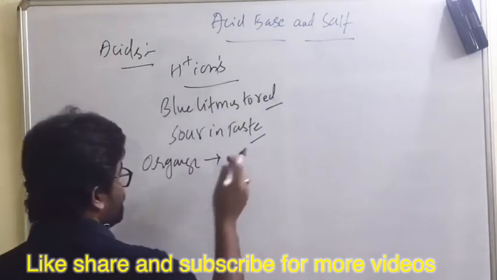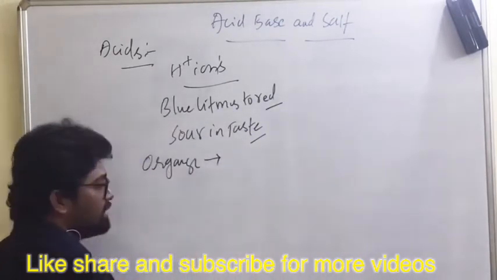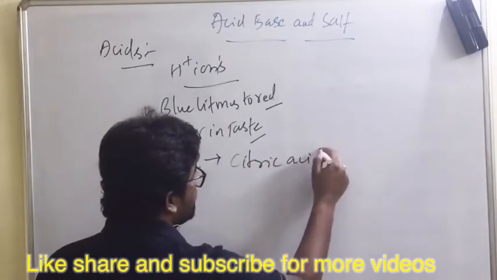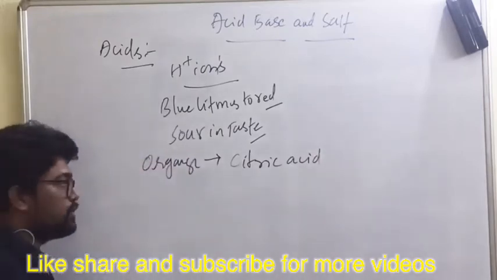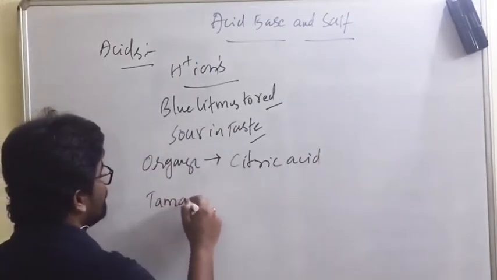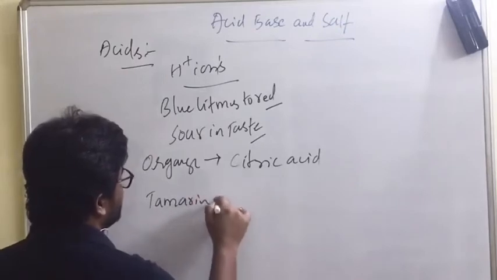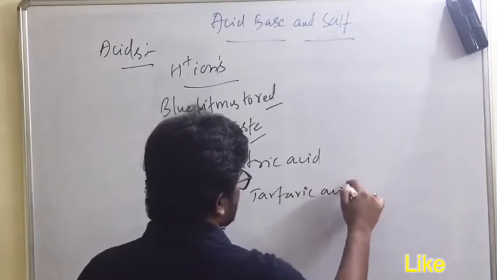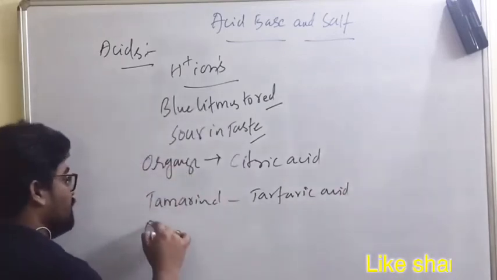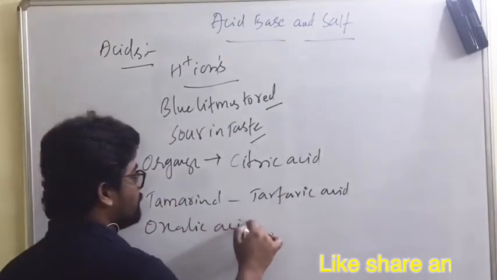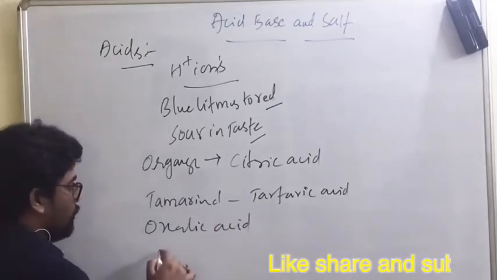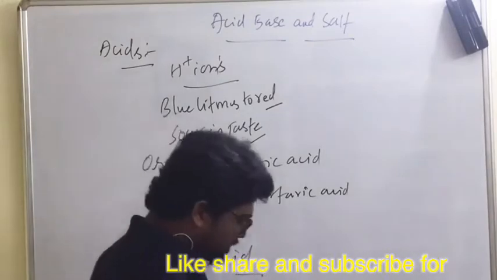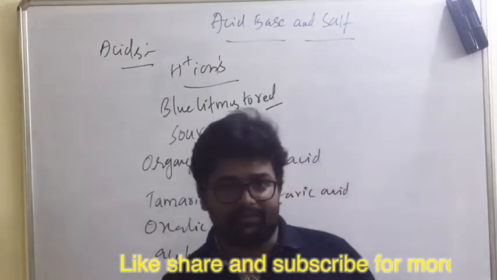The acid present in oranges is citric acid, and you can find citric acid in lemon also. The acid present in tamarind is tartaric acid. You find oxalic acid in tomatoes, and acetic acid in vinegar. These are some of the acids which we find in our daily life.